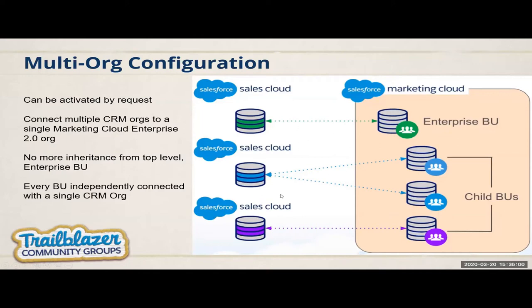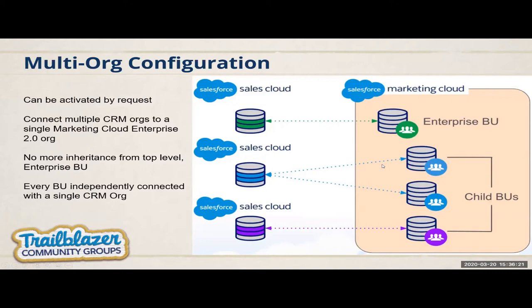For instance, in this case, the parent is connected to one Sales Cloud, the next two are connected to a different Sales Cloud, and the third one is connected to a third instance of Sales Cloud, right? Or it could even be Service. It doesn't matter. They could all be different instances, and there is no dependency between each other's BUs in this particular case.